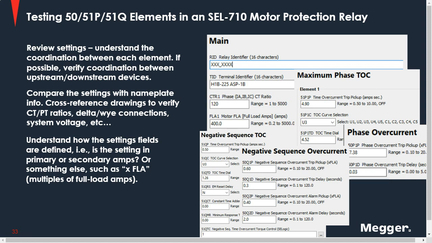So whenever you take that into account, I come back over here and look at my full load amps. I have 400. Now you have to account for all of that. If you don't, if you just rush in and start testing, it's not going to pick up. You're not going to get the results that you're expecting.